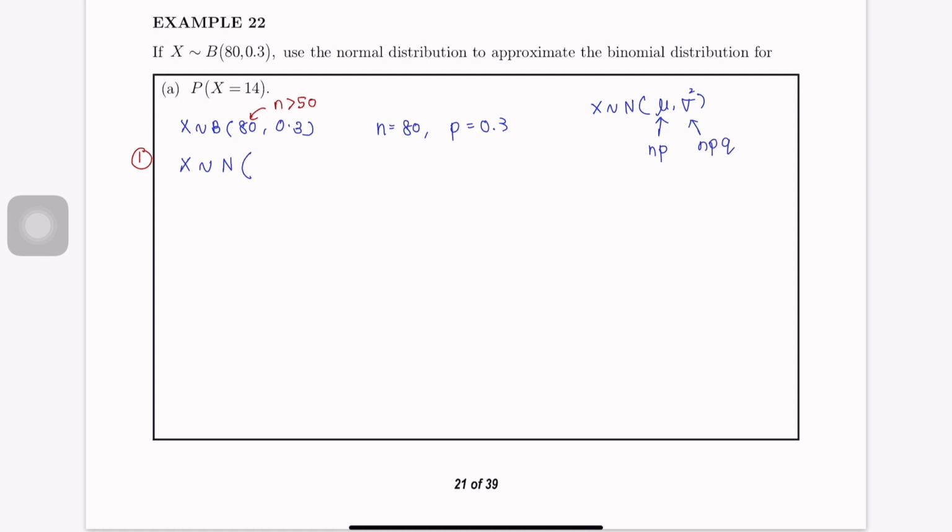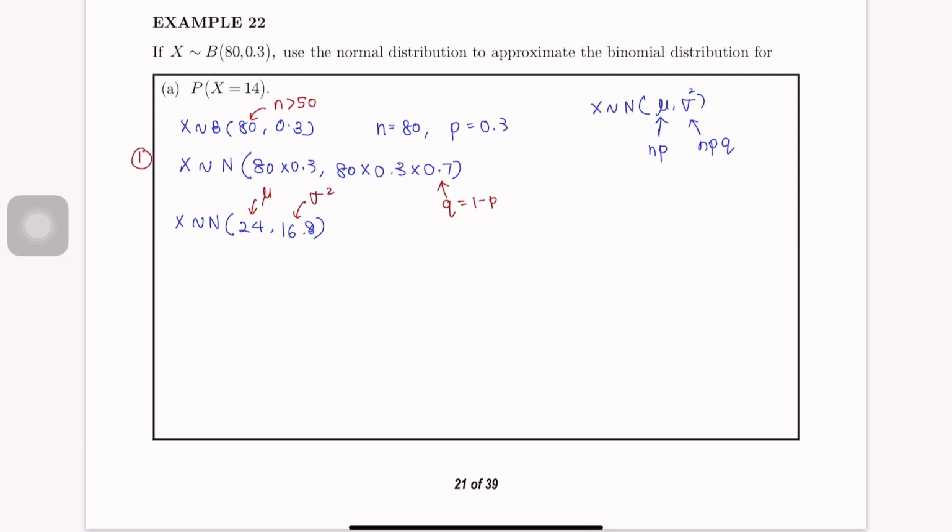So we multiply 80 and 0.3 to find the mean, and 80 times 0.3 times q for the variance. Then we have the normal distribution, 24 as mean, 16.8 as variance. Okay, so that is the first step.